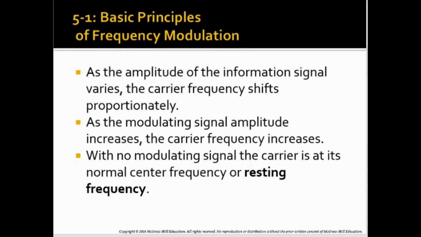It can be the other way around as well. You may design your system so that when amplitude increases, frequency decreases, and when amplitude decreases, frequency increases. So either case is possible, but of course you have to select one as a designer of a frequency modulating system. Those are the two options.